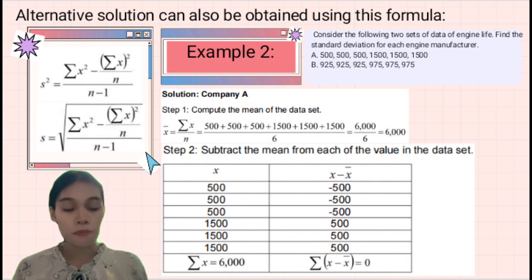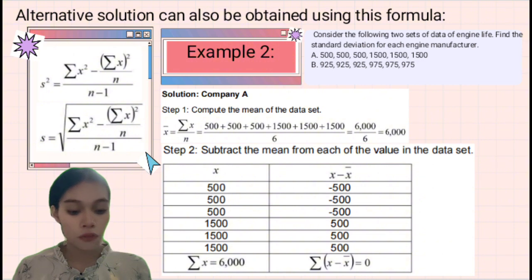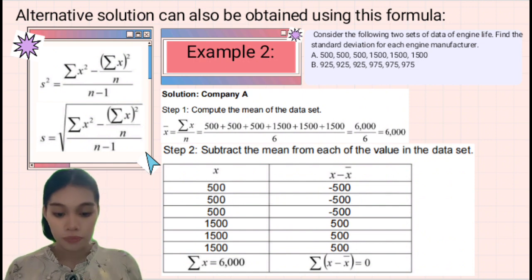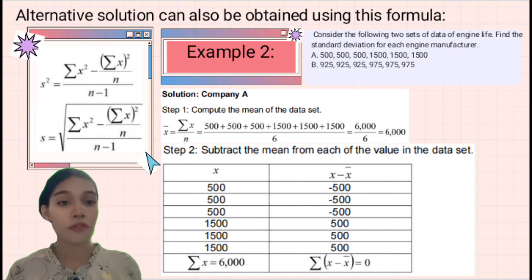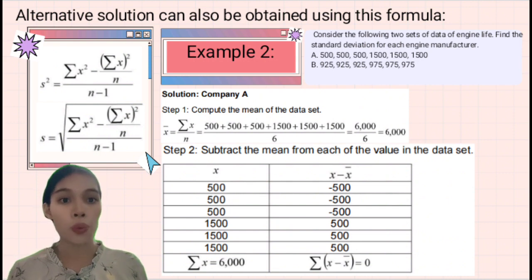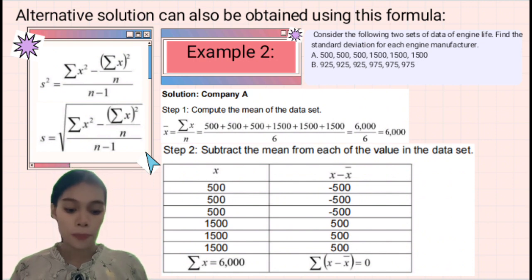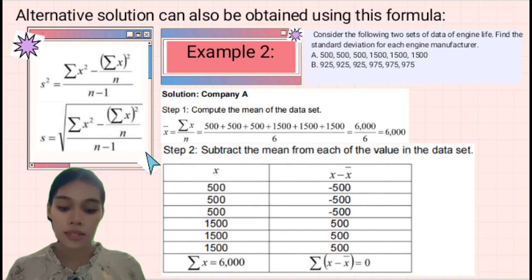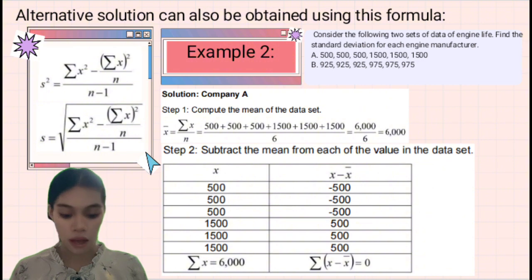Using the formula for getting the mean, and putting the values there from company A, we have 500 plus 500 plus 500 plus 1,500 plus 1,500 plus 1,500, and we have 6 values, so we divide by 6. That sum is 6,000, and 6,000 divided by 6 is 1,000.